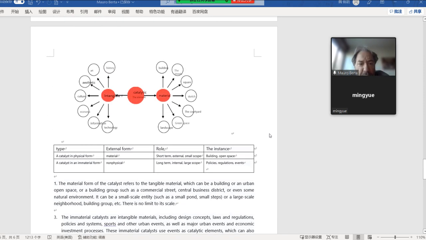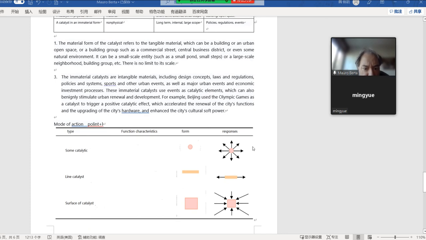No, sorry. Probably you did not understand my question. I see in these pages some schemes, these very simple drawings. My question is, are these original drawings that you did, or are these pictures taken from other works? I drew them.